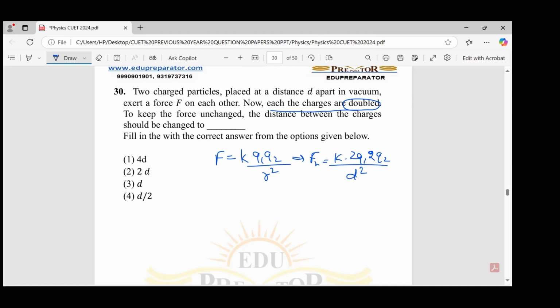Now, because the forces are the same, you are given F is equal to F new. So it means D should be equal to 2R, because if we take D as 2R then D square will become 4R square, and 4 and 4 will get cancelled and we'll have this relation, right? So the question goes with the second option. The distance should be doubled.